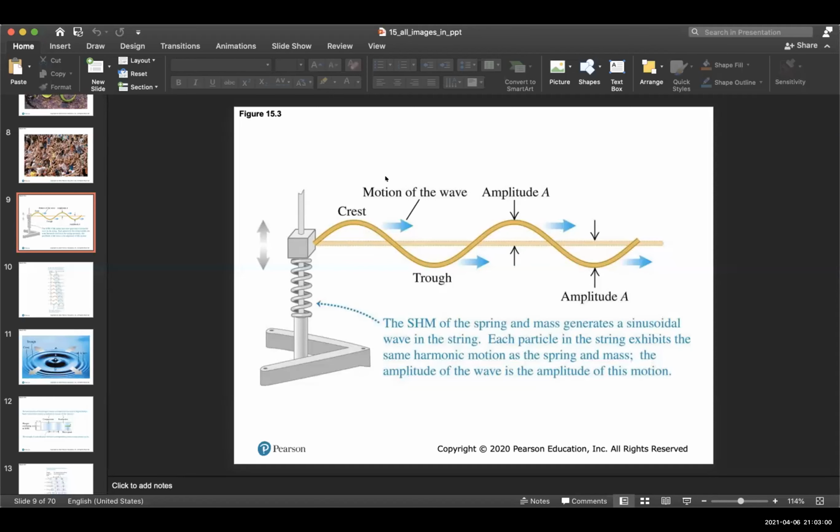Suppose we have a mass-loaded spring that we have contrived to oscillate in simple harmonic motion, let's say vertically, and we have a string attached to it so that the left end of the string moves as the mass moves.